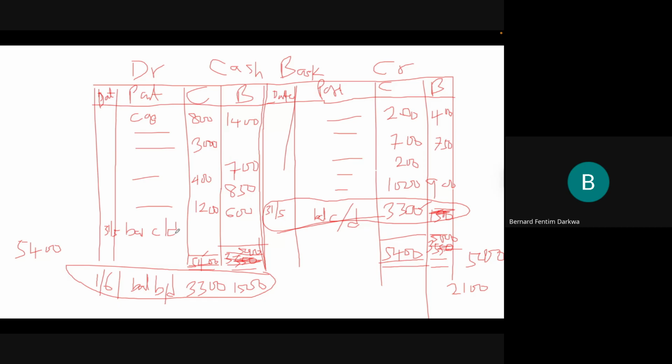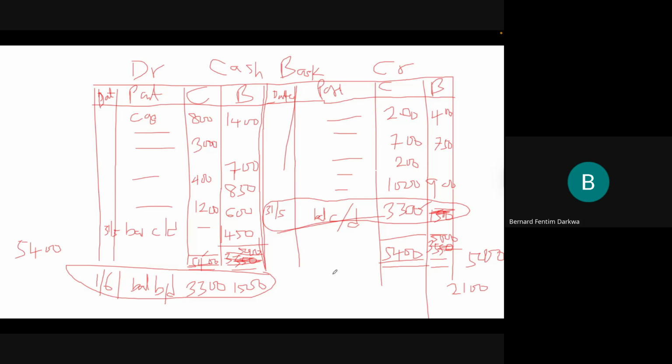So the balance CD is not under cash, and the cash is dashed. Here, subtract the 3,500 from 5,000. What do we get? 1,450. So you see that there will be one balance CD.